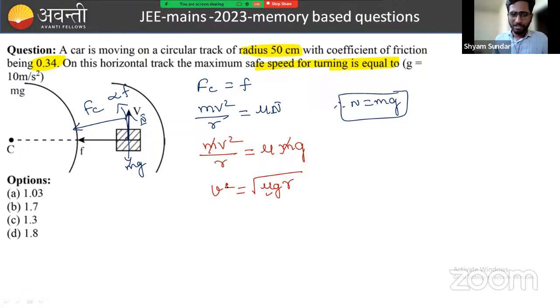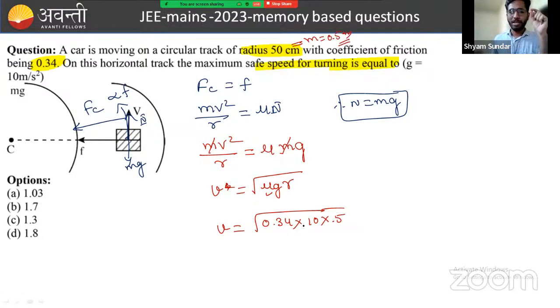Substitute the values here. V is equal to the square root of mu, which is given in the question as 0.34, into g, take 10, and then R, which is 50 centimeters. Convert this to meters, it will be 0.5 meter.